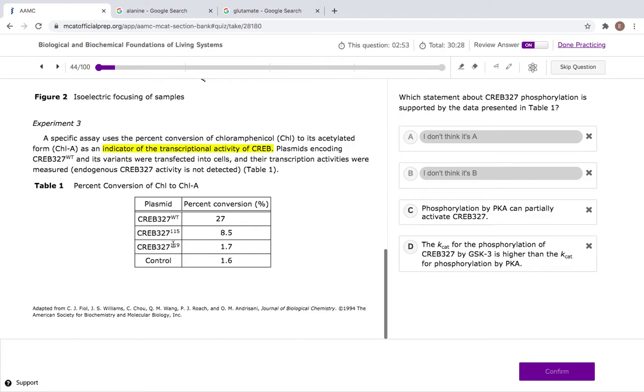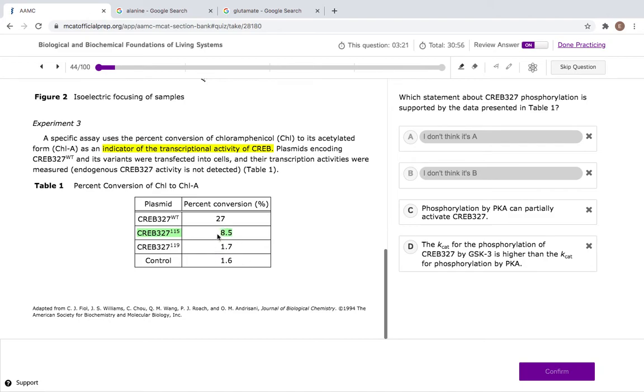When we have phosphorylation by PKA, which is 8.5, then we're more activated. Why are we more activated? Look, 1.7, no phosphorylation by PKA, we're at 1.7. With phosphorylation by PKA, we're at 8.5. We do get activated more.